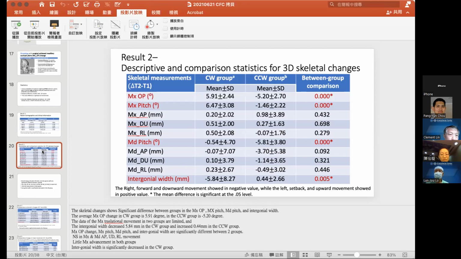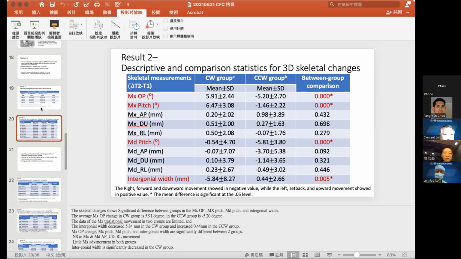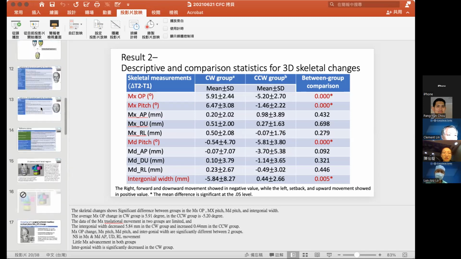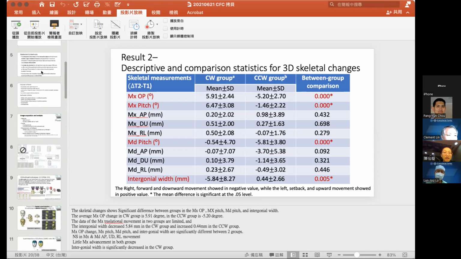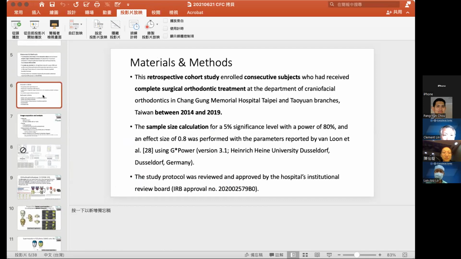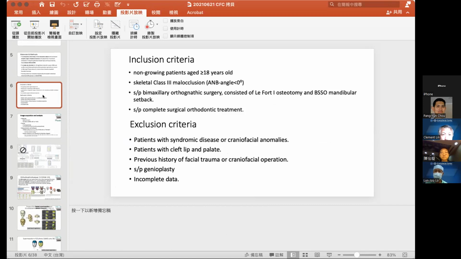So are all these patients class 3, or do some of them belong to different classes? All of these patients belong to class 3, with A and B angle less than 0 degree.